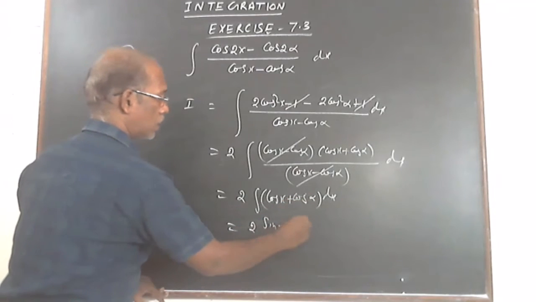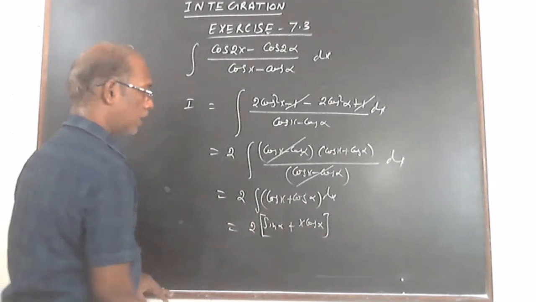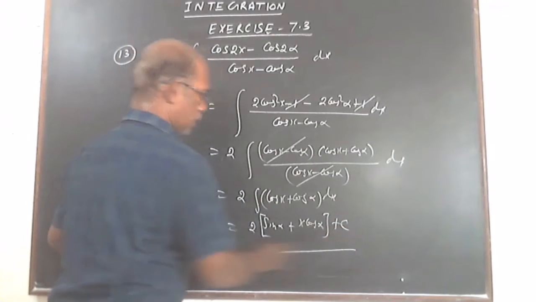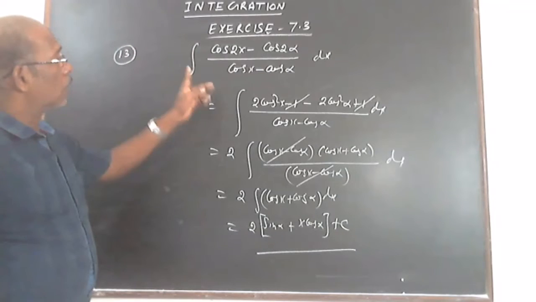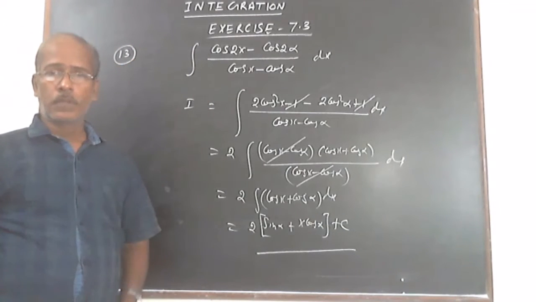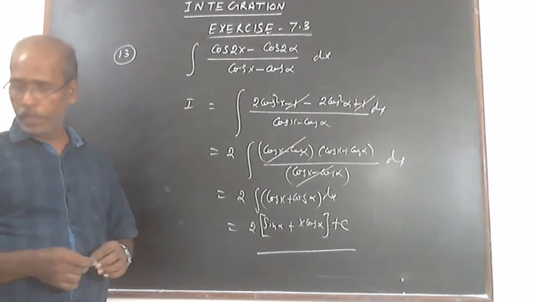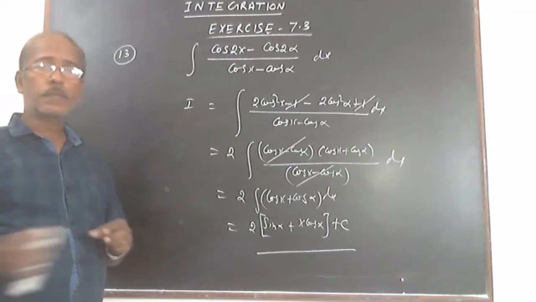Cos alpha is a constant, so x cos alpha, with the integral constant. So this is the answer, copy it. This is question number 13 of exercise 7.3. Now we will go to question number 14.